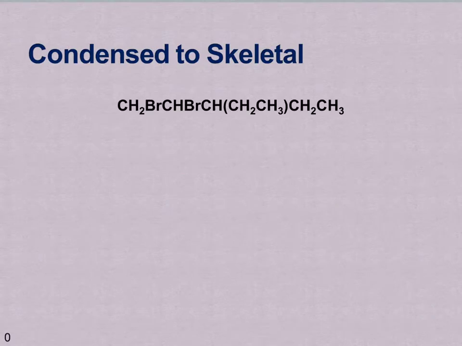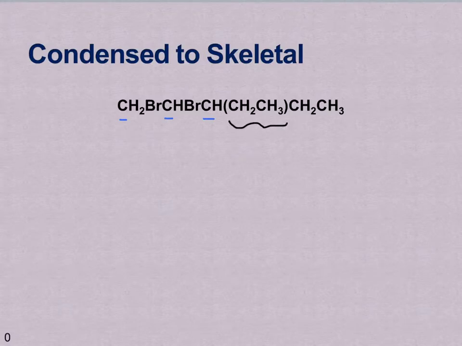Now I'm going to look at how we get from a condensed structure to a skeletal structure. The first thing I want to find out is how many carbon atoms are in my backbone, in that main chain or that main part of my molecule. So I'm going to go through the structure, and I see carbon 1, I see a second carbon, a third carbon.